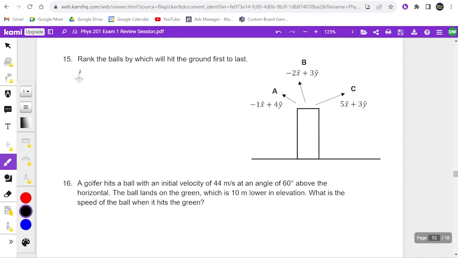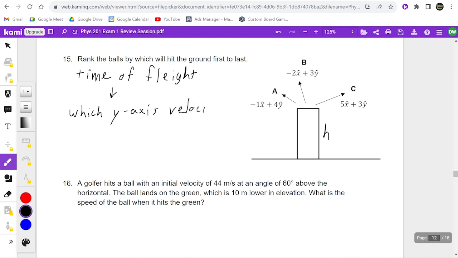Well, I'll tell you this. When you want to find the time of flight, especially because it's all the same height here, it's whatever this height of this building is, you want to know which y-axis velocity is the greatest. In other words, I don't care about the x-axis at all.